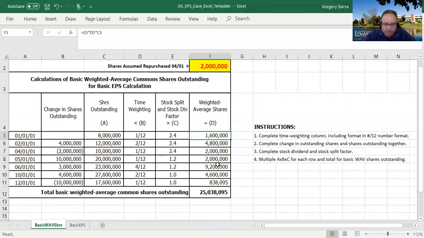So you put in a formula to multiply A, B, and C, and then you sum that column, and I get 2503,095. Okay, looks good. So that's how we come up with our basic weighted average shares. And the next video we'll have putting it together in basic EPS.